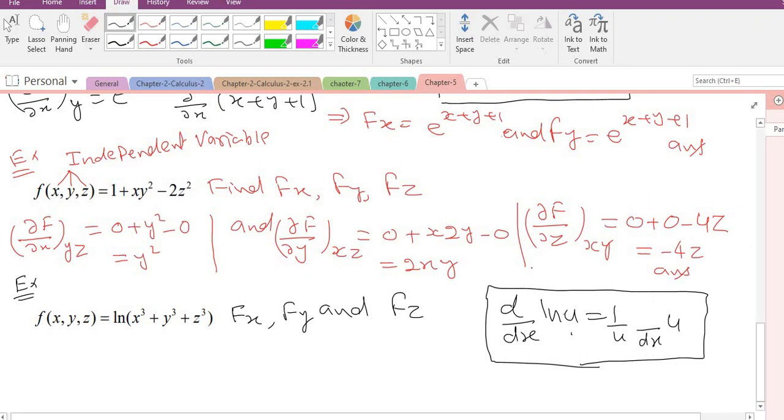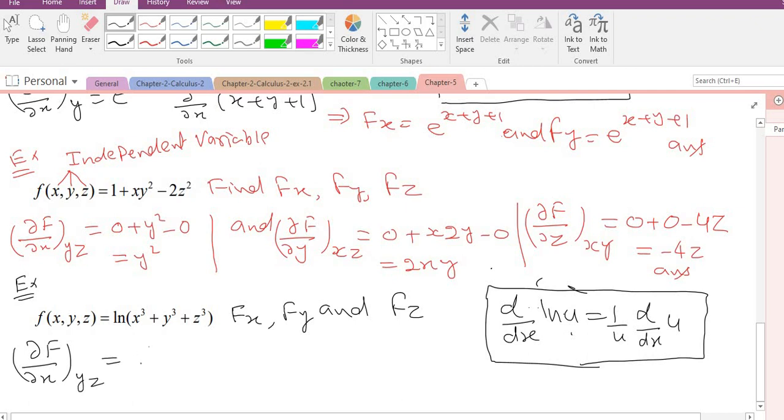d/dx of u. Now I am going to check that one, del f del x. That means again y, z constant.